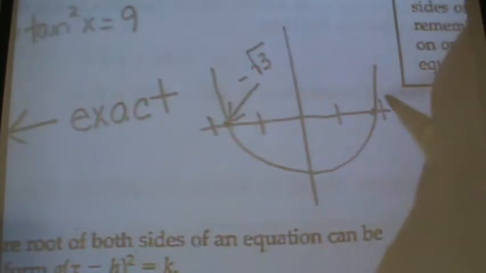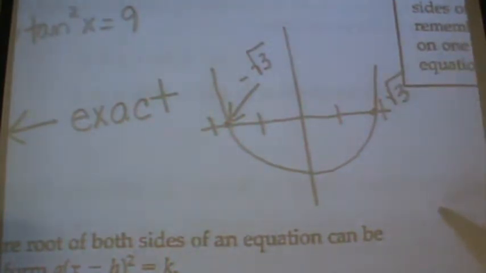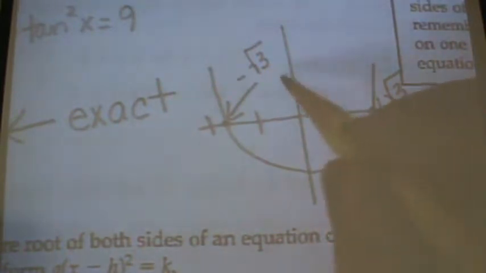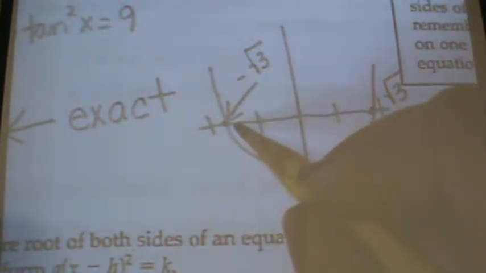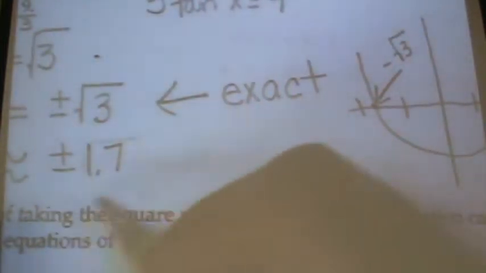So your graph is probably doing something like this. This would be negative root 3, and this is positive root 3. So we like the estimated answer because, even though this is negative root 3, it's about 1.7. We are more familiar with the decimal than with the radical, even though that's an exact answer.